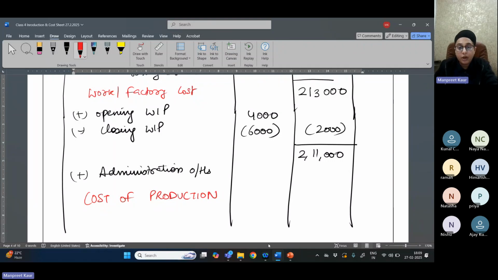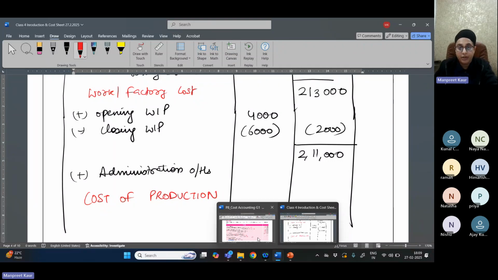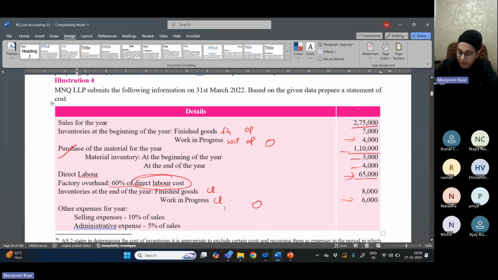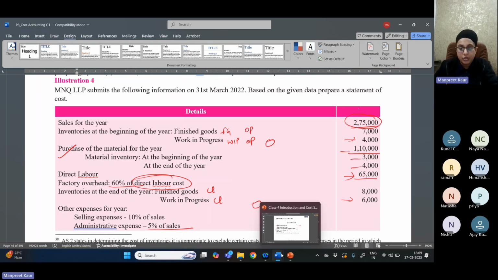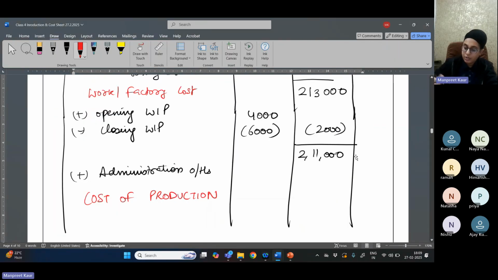Let's see what the admin overheads are. Admin overheads are 5% of sales. Sales is 2,75,000. So, calculate. The 5% is the admin overhead. That is rupees... Fast, do the calculation.